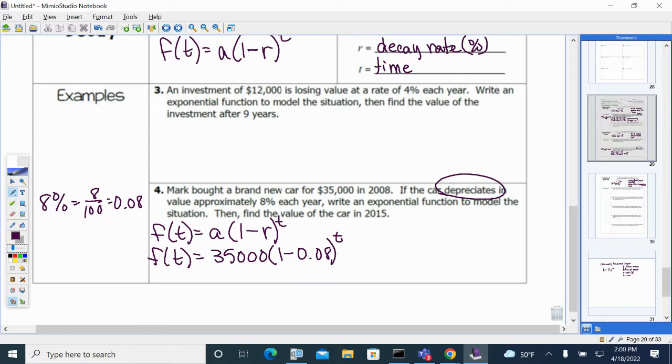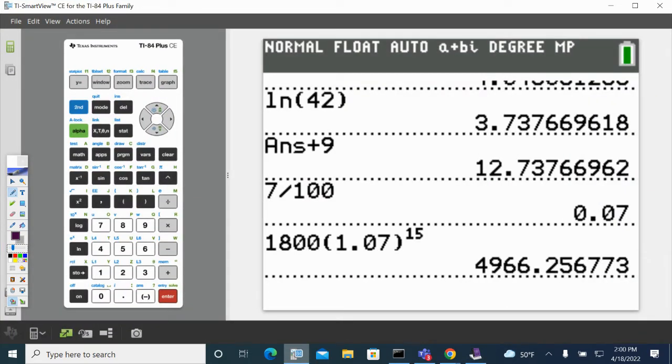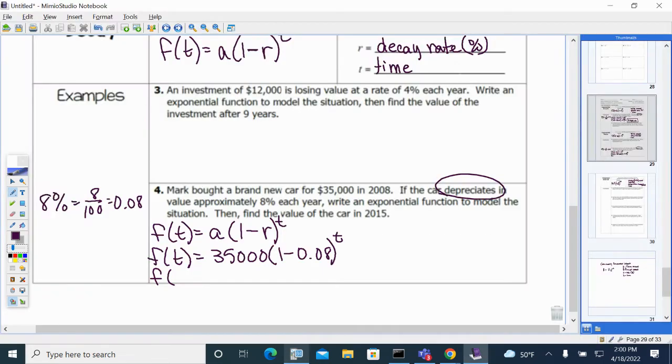And then for 2015, how many years is that? From 2008 to 2015. If you're not sure, you can always count on your fingers or take your 2015 minus the 2008, and that's going to tell you that's 7 years. So t is 7 there. So plugging in my 7.